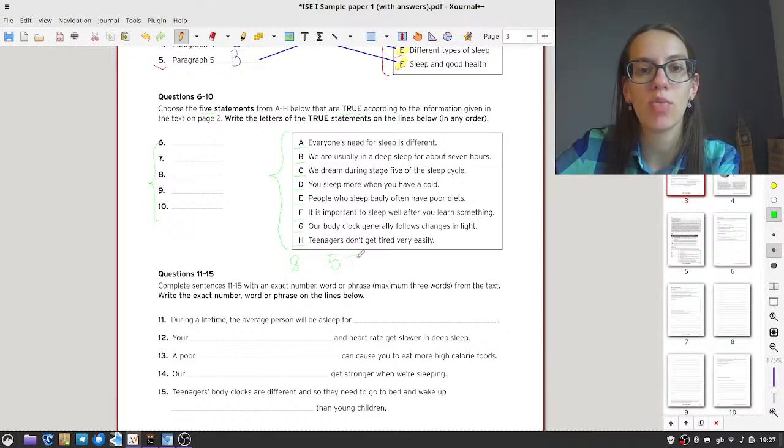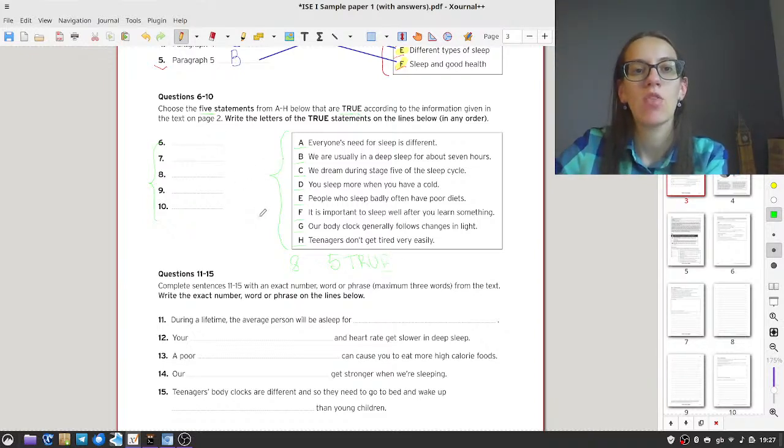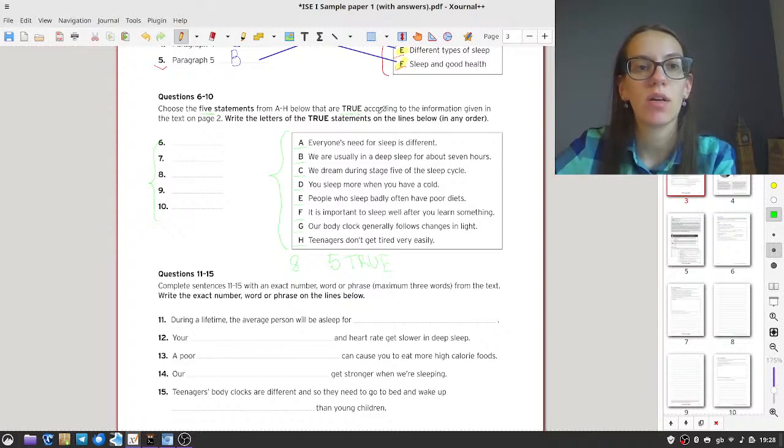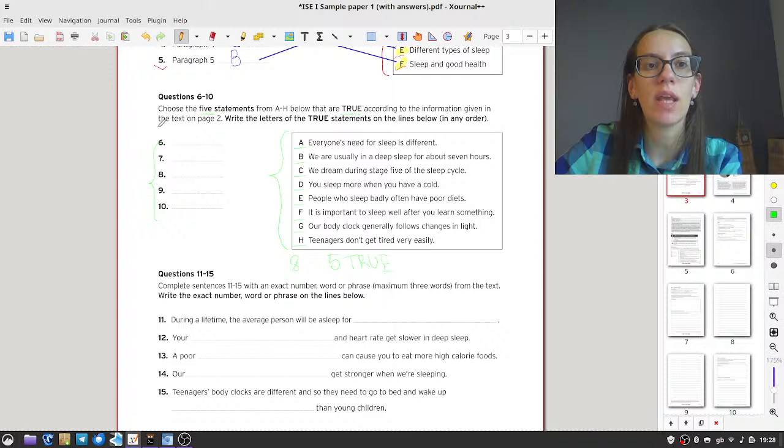So how many do we not use? We use 5. 5 are true. So 3 statements are not true. We are not going to use 3 of these statements. That's very important. We know exactly how many true statements we need to find. And when we are done, we always need to check. And another important bit of information here: true according to the information given in the text.